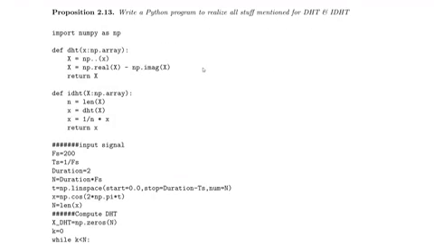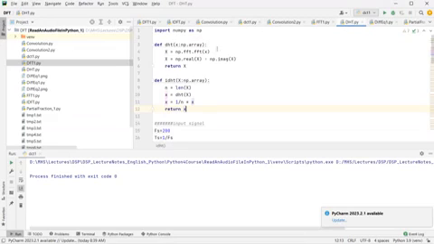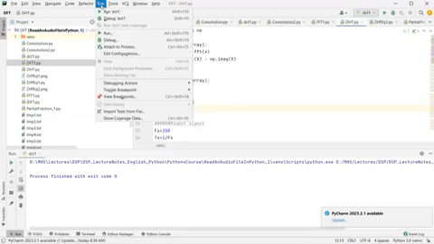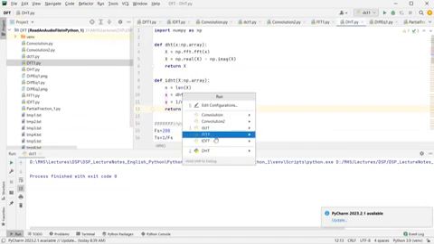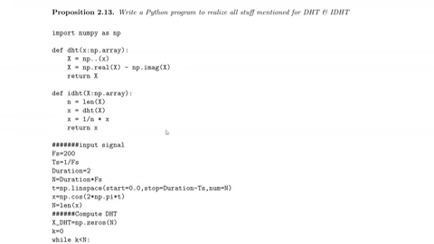Now in Python, writing a program to illustrate the idea. Okay, let me find it. Discrete Hartley transform. Right. And running the program. Process finished. No results appearing here. And the code here, we define DHT and inverse DHT.